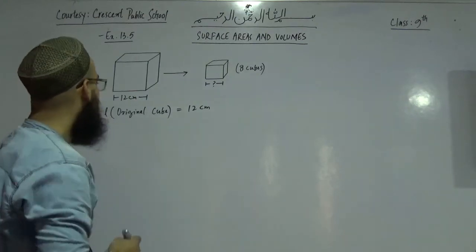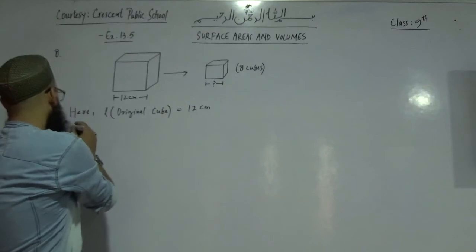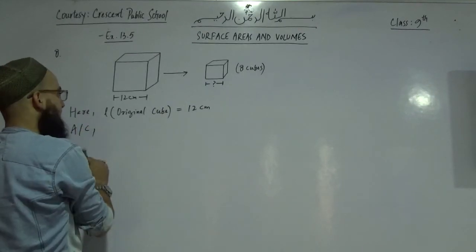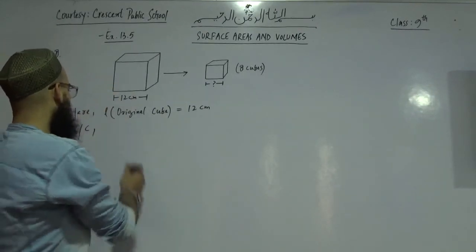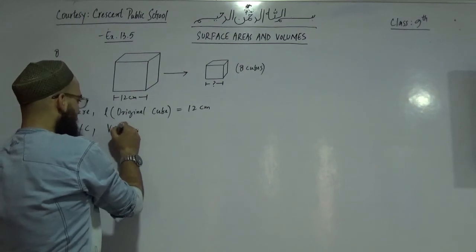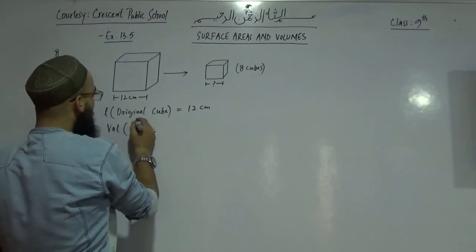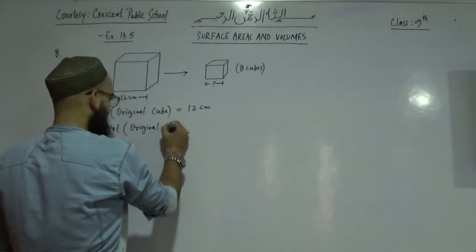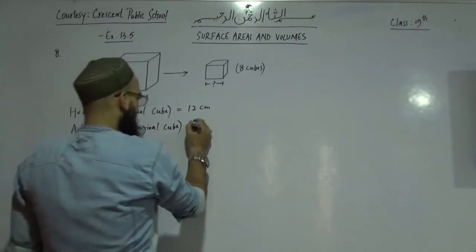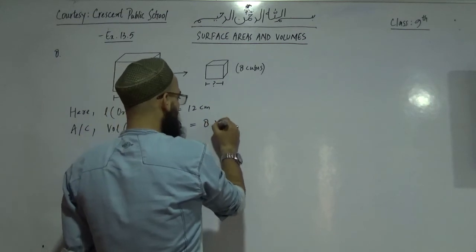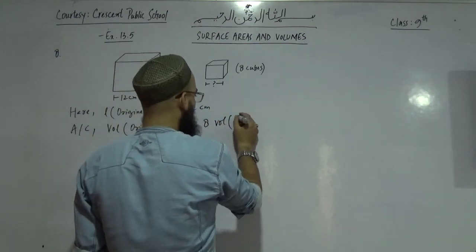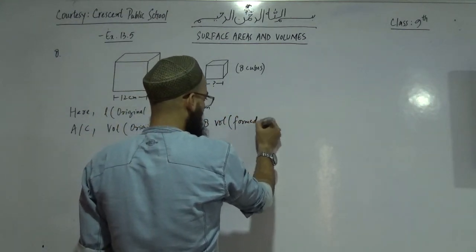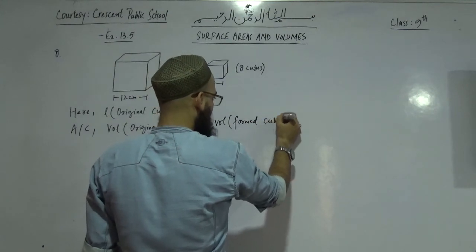Got it? According to the condition, the volume of the original cube is equal to 8 times the volume of the formed cube. You got it?